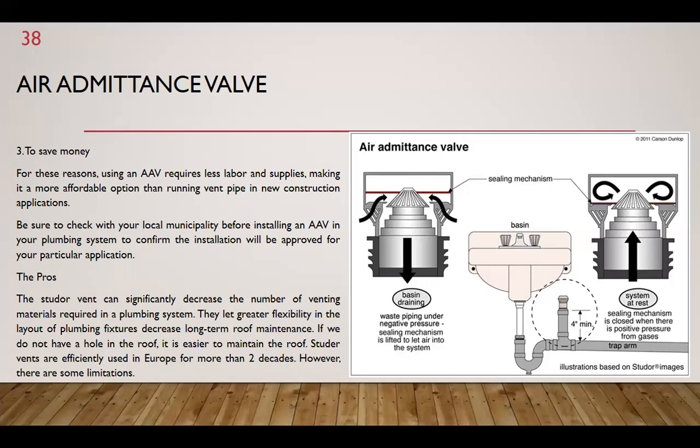Pros and cons. The pros. Studor vents can significantly decrease the number of venting materials required in a plumbing system. They allow greater flexibility in the layout of plumbing fixtures and decrease long-term roof maintenance. If we do not have a hole in the roof, it is easier to maintain the roof. Studor vents have been used efficiently in Europe for more than 2 decades.